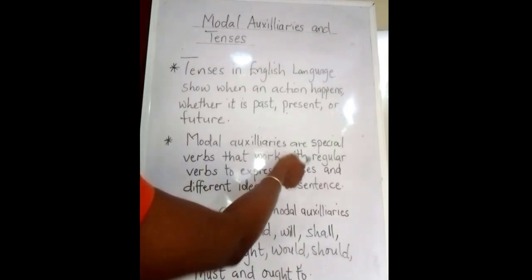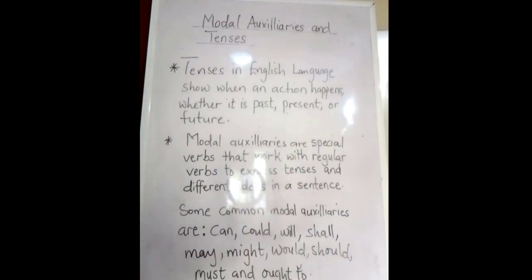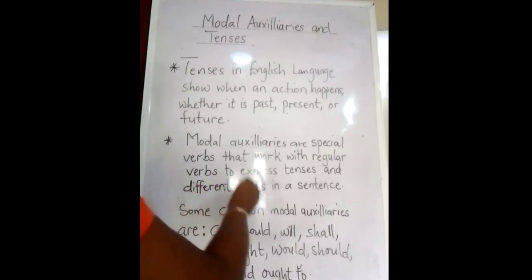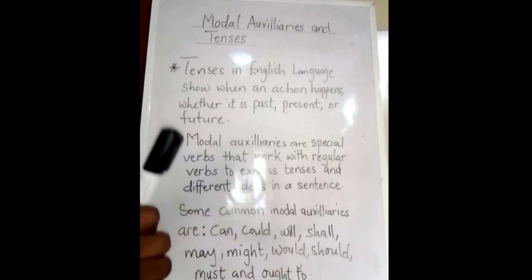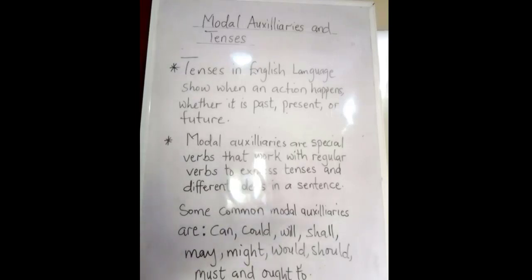In expressing tenses, they tell us whether the action is in the past, in the present, or future. And in expressing different ideas, they could be used to show ability, permission, possibility, recommendation, advice, and other things.